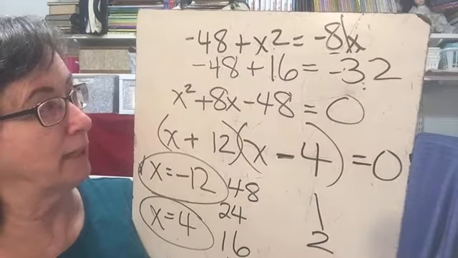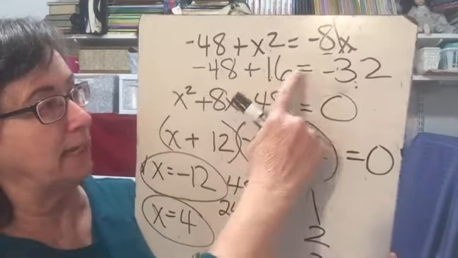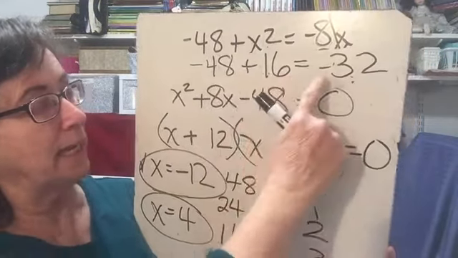Is negative 48 plus 16 equal to negative 32? Well, it is, because if I add these two together and I have both negative signs, then I get a negative 48. That is correct. Therefore, we have found and checked our solutions because they make our equation true.